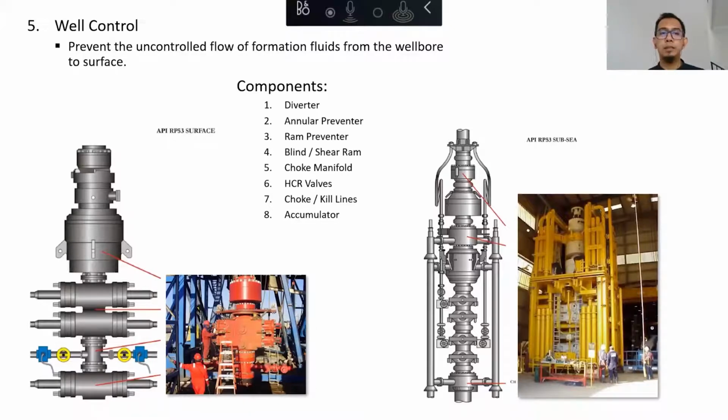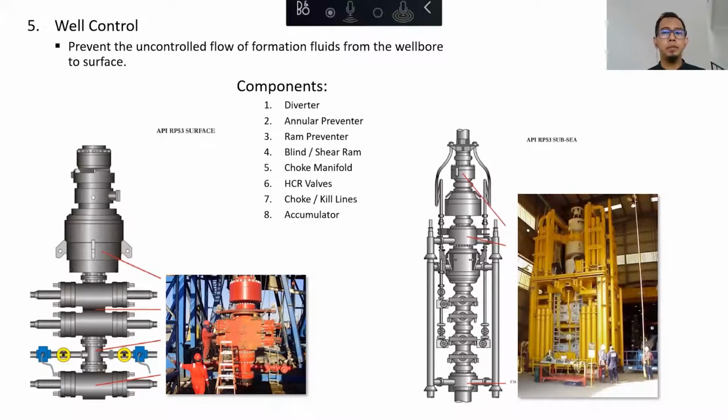And then number 5 is the choke manifold. Choke manifold is a system that is used to increase back pressure on the surface, so that if you increase back pressure, it will increase the bottom hole pressure of the annulus system. And at some point, it will be utilized for a well control operation later.